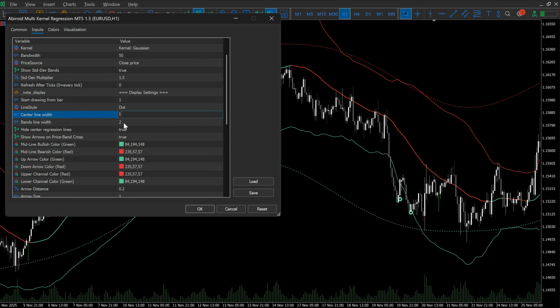So the dotted will only work if the line widths are 1, and that is on the MT4 platform. And this one is MT5, which is why you can set the widths to anything you like, and you can use any of these.